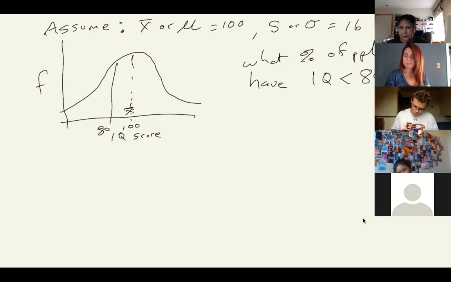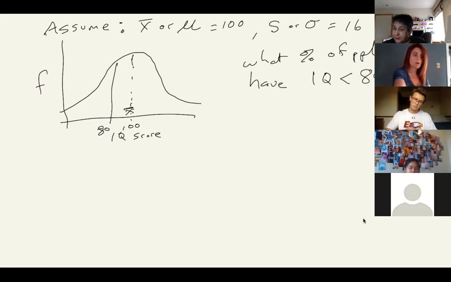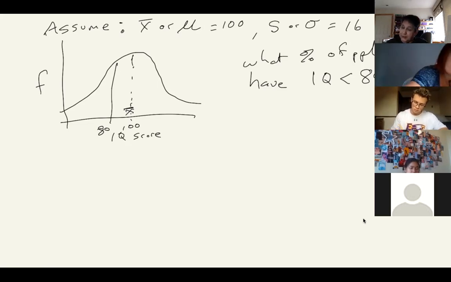So we're not finished with the picture yet. We need to figure out what we need to know. And the question is asking this: what percentage of people have an IQ below 80?